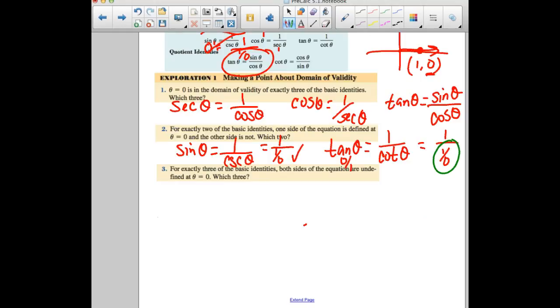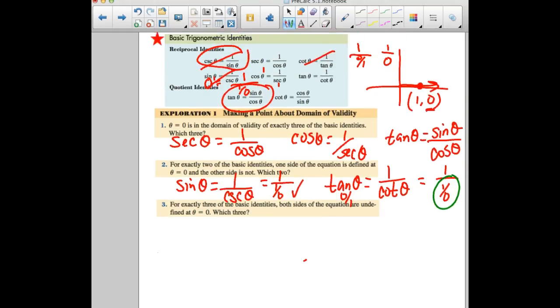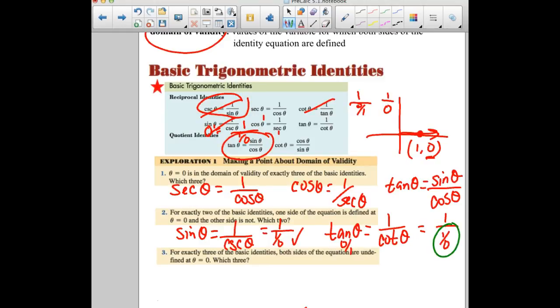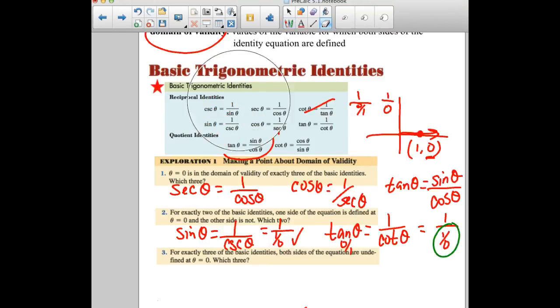All right, the third question says, for exactly 3 of the basic identities, both sides of the equation are undefined at 0. And which 3 would that be? So if we think about the ones where we've already used, let's go back here. All right, we have said that it works for this one.